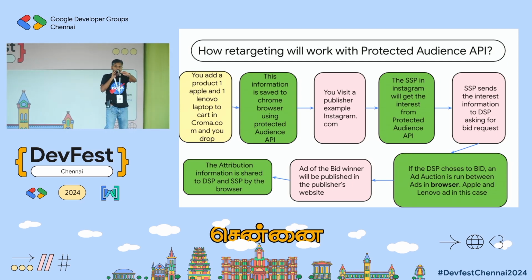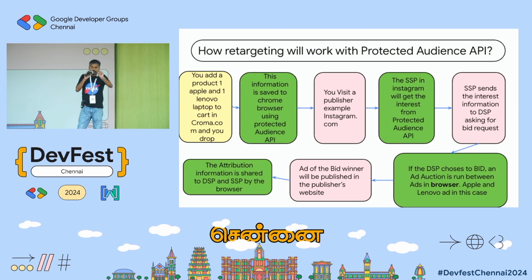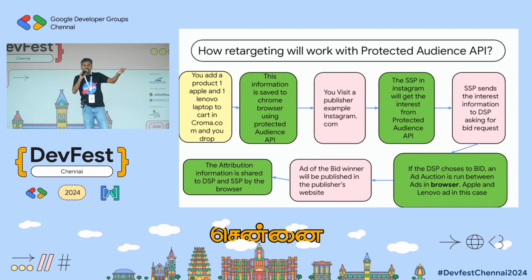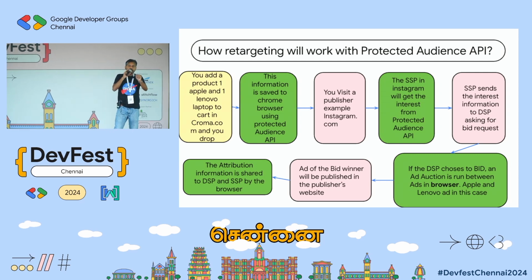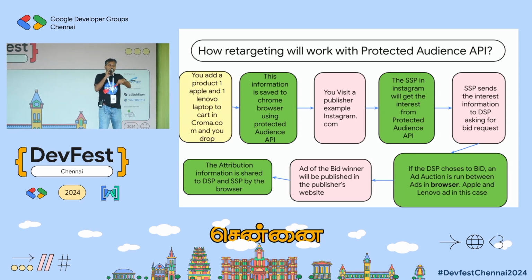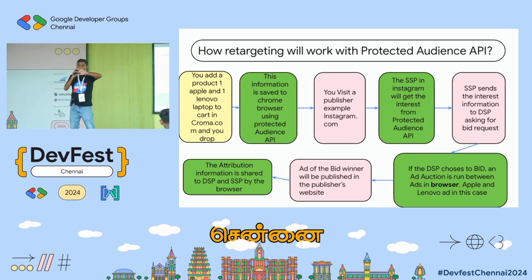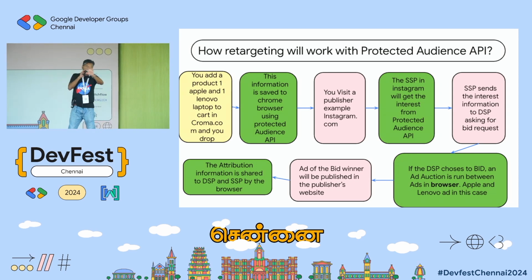So this ad attribution is the next part. I was saying there are two parts. One is showing the relevant advertisement, and the second part is tracking it, if you have clicked on it or have shown interest in it. This ad attribution information will also be shared by the browser. Earlier it was the web page and the SSP, the ad server.